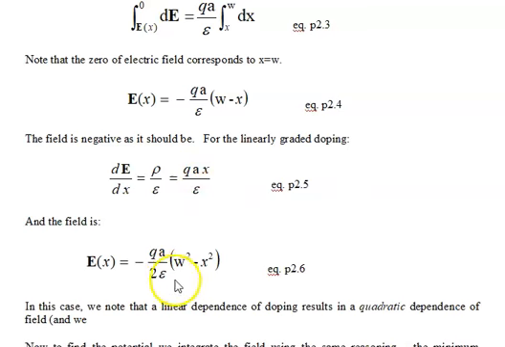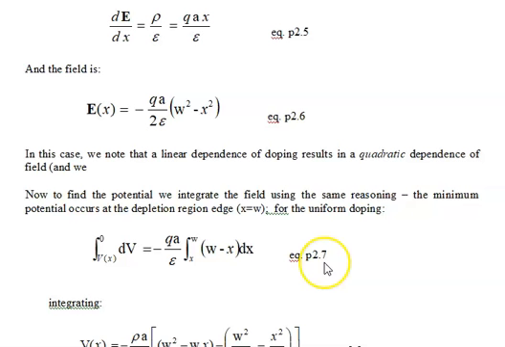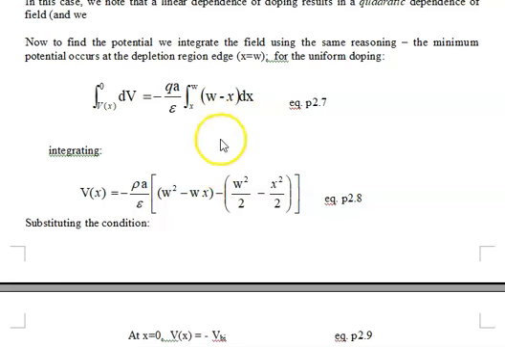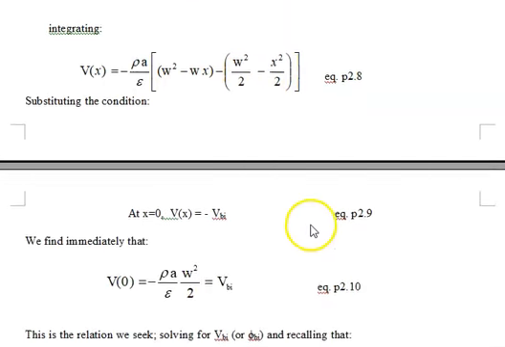We integrate this, and we get indeed a quadratic. And going now to the energy, we integrate the electric field, and the electric field for the constant doping is just W minus x, and indeed we get a quadratic.